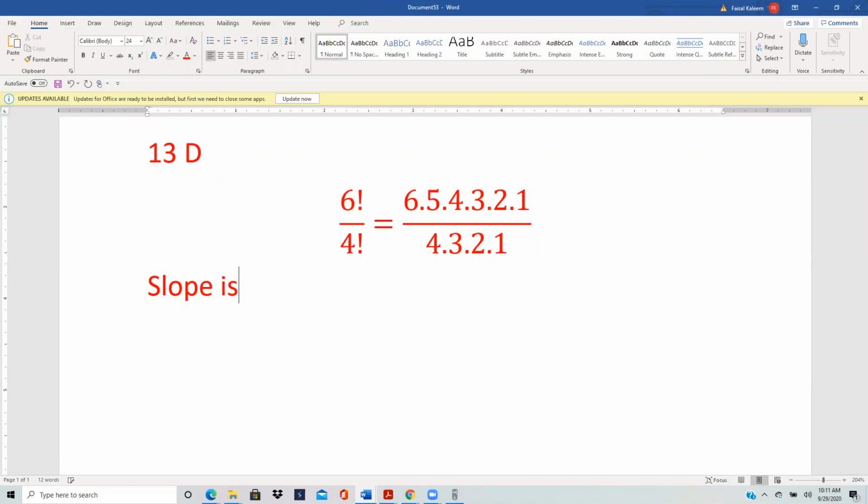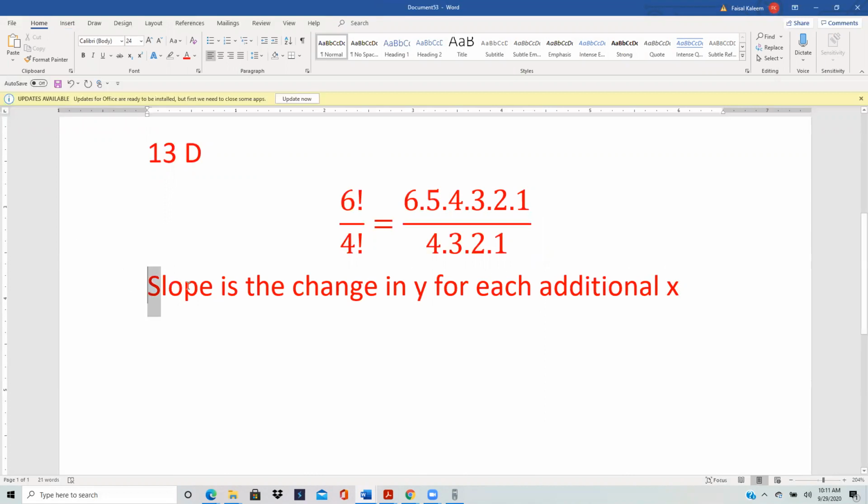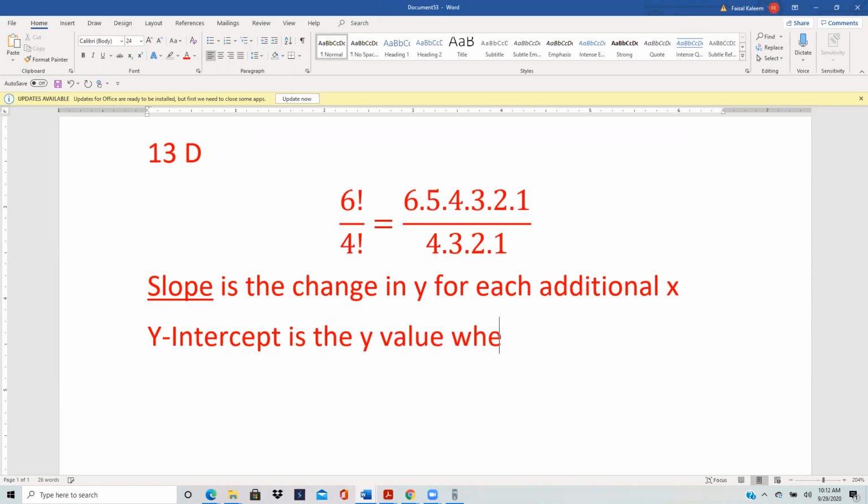Slope is the change in y for each additional x. And y-intercept is the y value when x is 0.